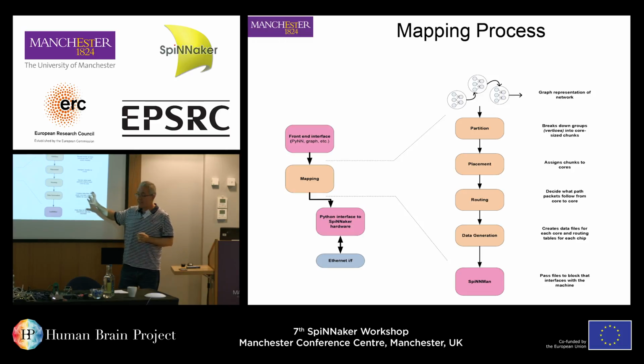The last step is data generation, which is, okay, a group of neurons is going to go on a core, but it needs neuron parameters, it needs synaptic data, and the whole process of building those files ready for download is called data generation. And we have to do that for every core in the simulation. And then at the bottom, it goes to a thing called SpiNNaker, which is the tool that actually then takes that data and loads it onto the machine.